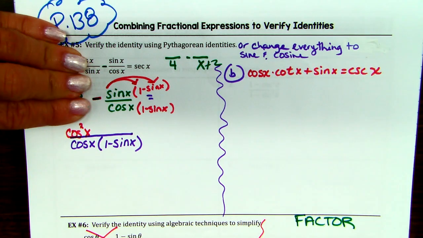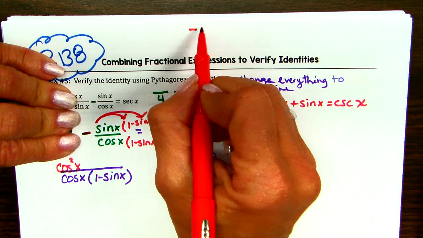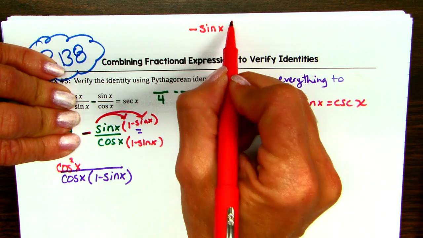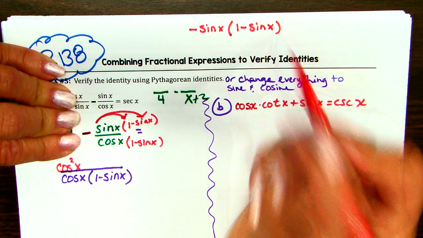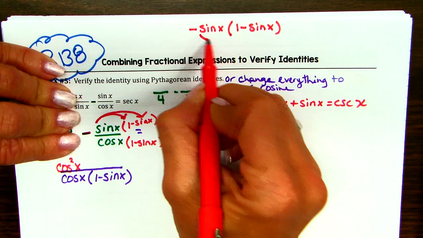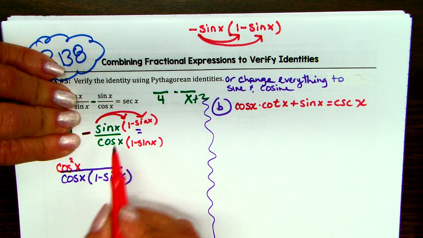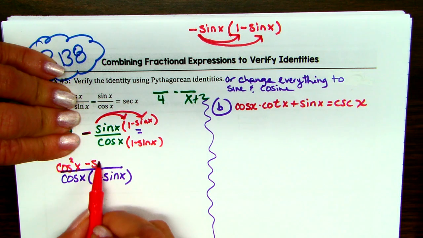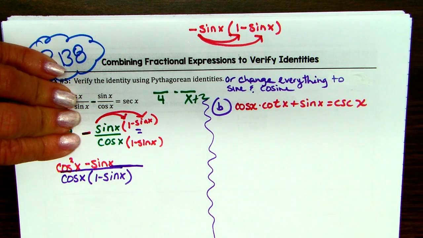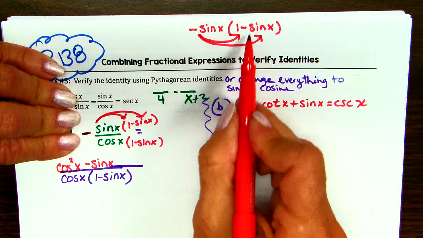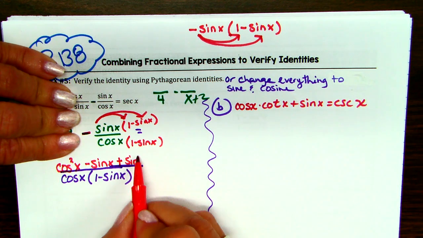If you need to go off to the side somewhere and do it, that's fine. If you want to see me do it, that's fine too. Negative sine x times 1 minus sine x. That's what I'm doing. Okay? So I'm doing this times this and this times this. And what I would get is negative sine x plus, right, negative times a negative is plus, and sine times sine is sine squared.